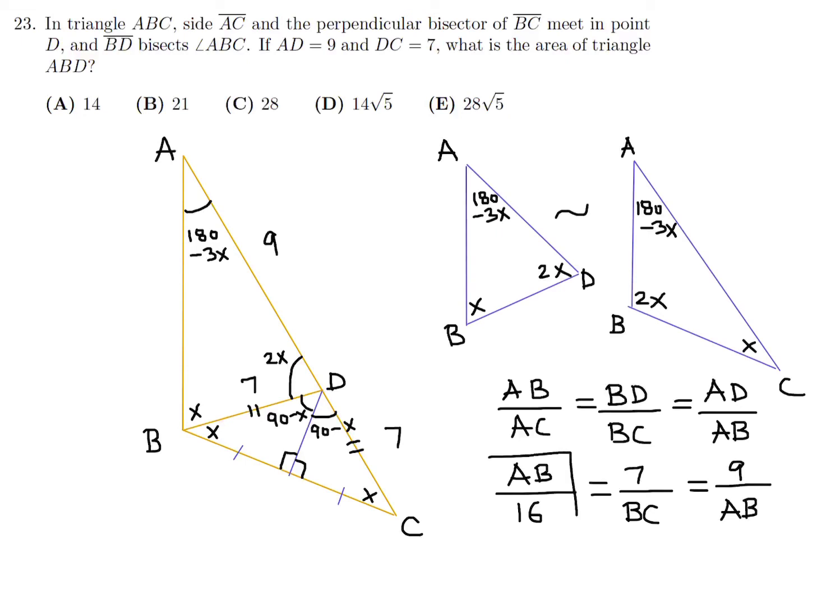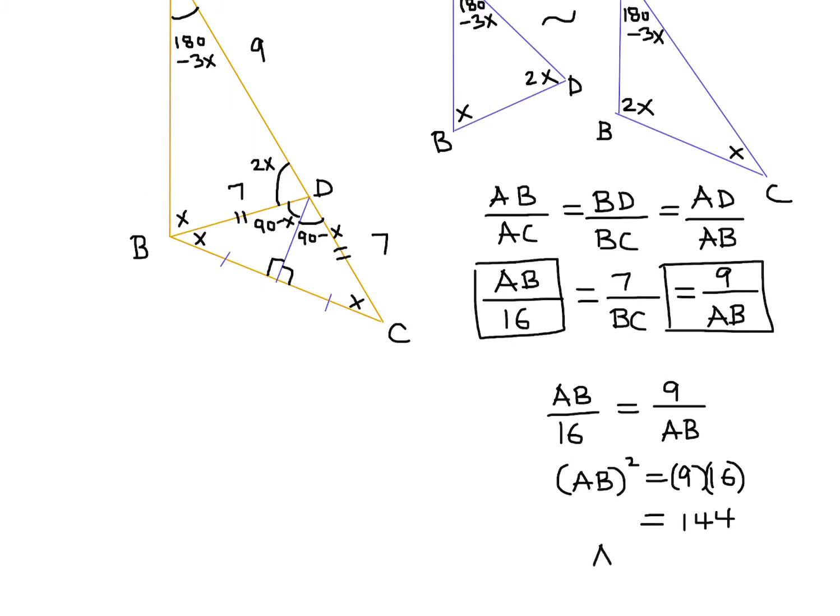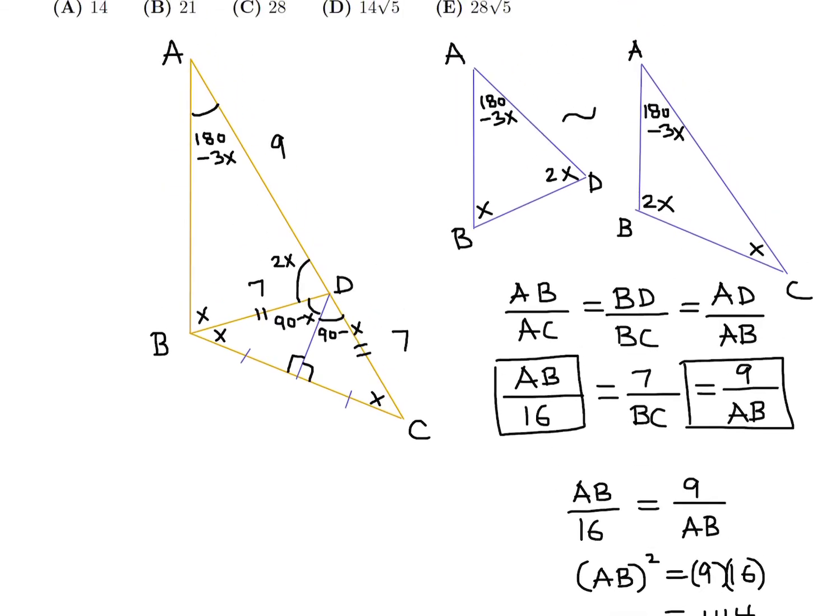Okay, so we can use the fact that this is equal to this to figure out AB. So that means AB over 16 is equal to 9 over AB, like that. So that means AB squared is equal to 9 times 16, which is 144, and therefore AB is equal to 12. All right, so in this diagram, AB is equal to 12.